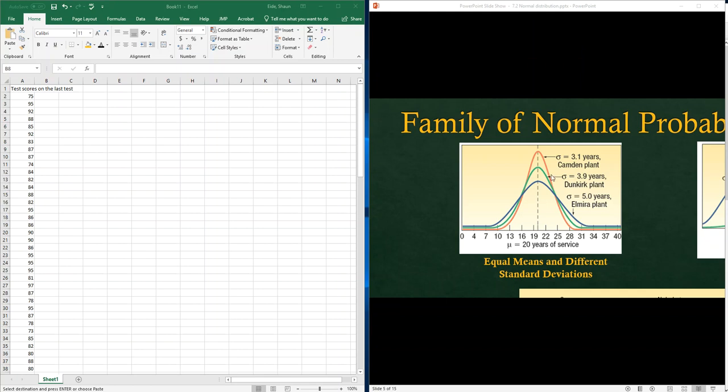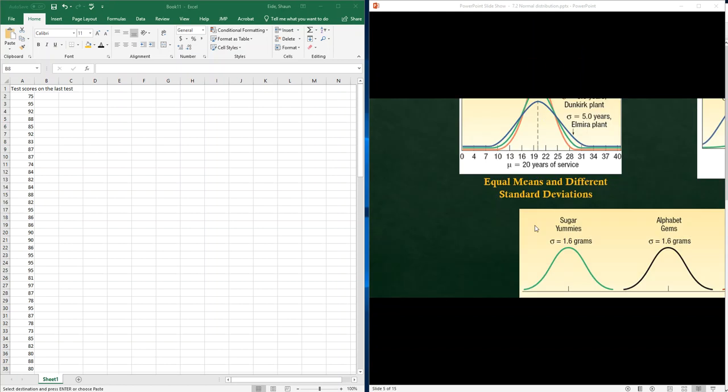The Camden plant has a standard deviation of 3.1 years, the Dunkirk plant is 3.9 years, and the Elmira plant is 5 years. So you can see as the standard deviation gets larger, the distribution gets wider.